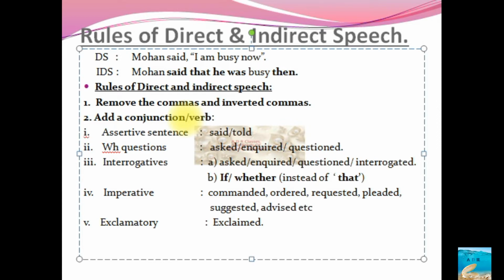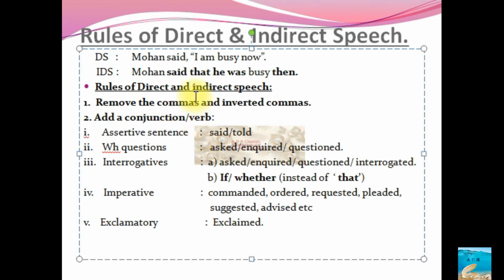Why is it called a verb? And why is it called a conjunction? Because this word is linking two words together. So this is a connecting word here. The verb acts as a conjunction here. Fine. Add a conjunction or verb.